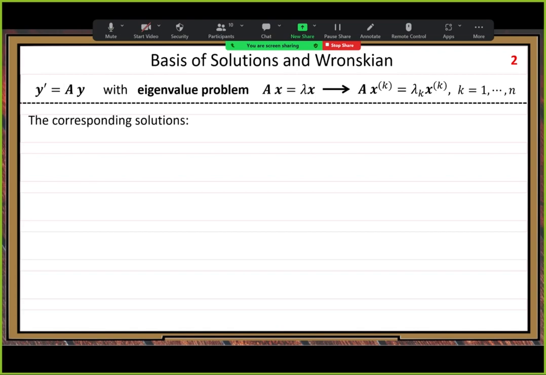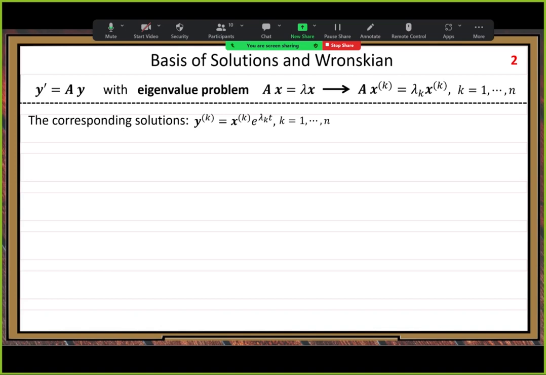The corresponding solutions: here we are talking about y solutions, a vector of functions that satisfy this equation. The solution y vector sub k is just equal to each eigenvector multiplied by the e function with the corresponding lambda k t as its exponent.